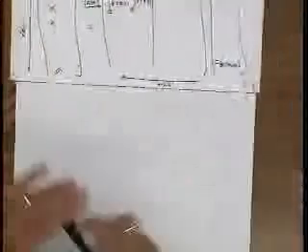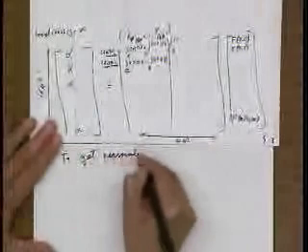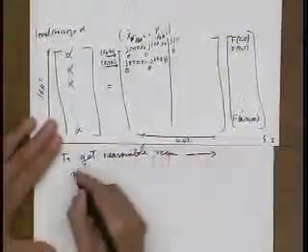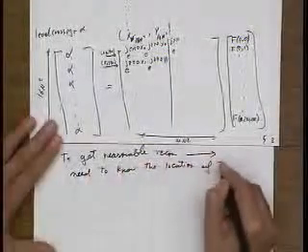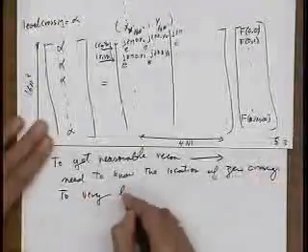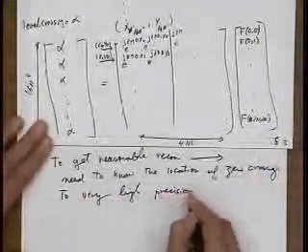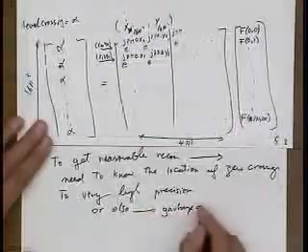So the upshot of all of this is that when you solve this linear system of equations, what you observe in practice is that to get a reasonable reconstruction, we need to know the location of zero crossings to very high precision, or else the problem is so ill-conditioned we get garbage out.